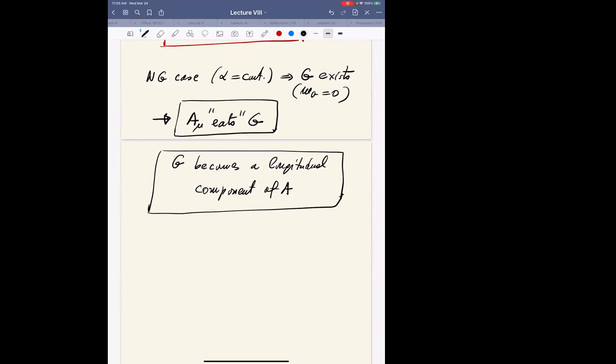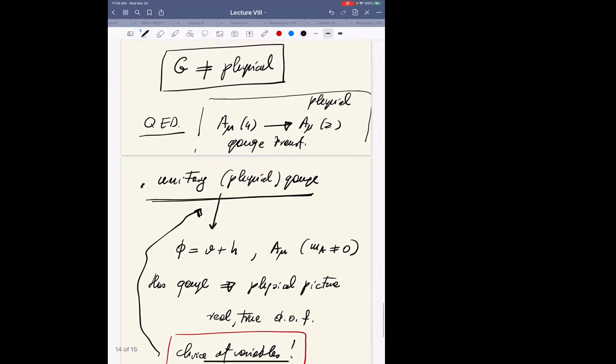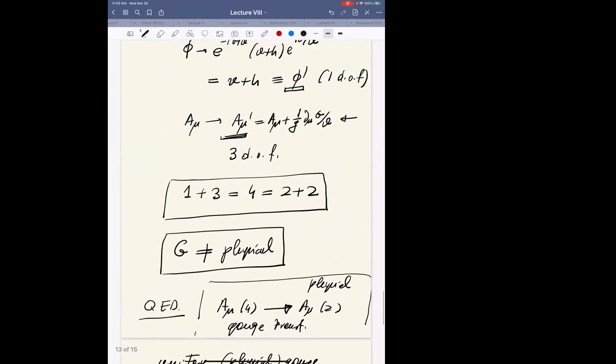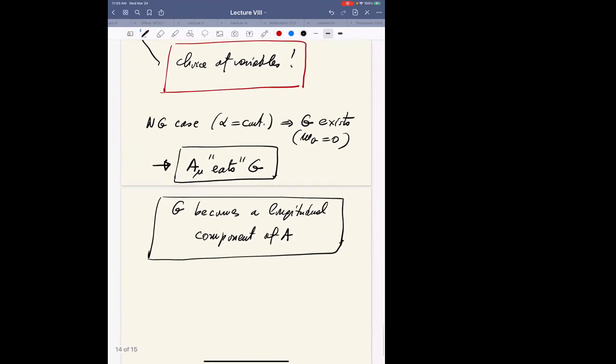This is sort of the crux of the Higgs mechanism. You and I, for all that we know, would simply forget that G ever existed. Field H is called the Higgs field. H is the Higgs field.